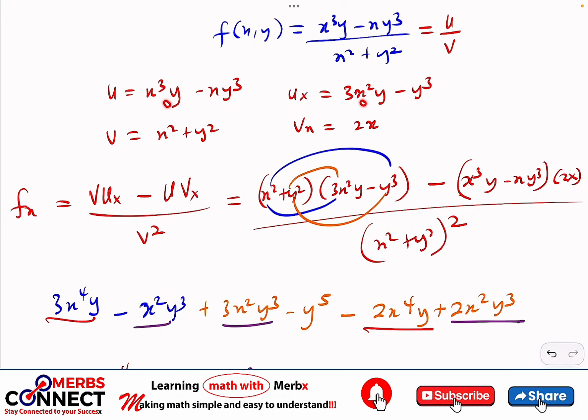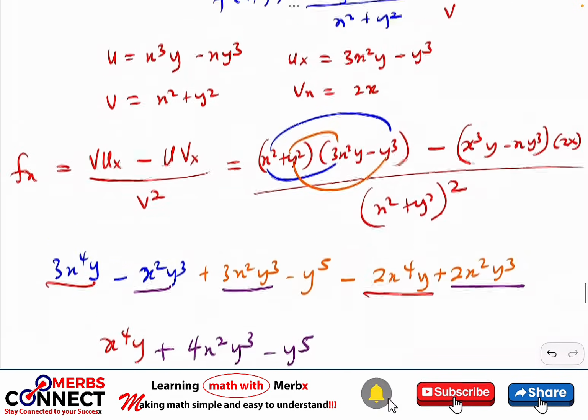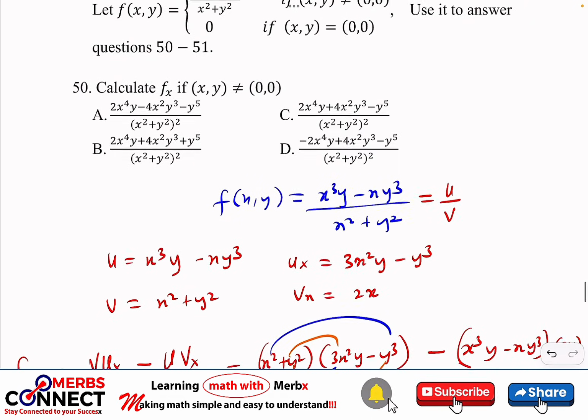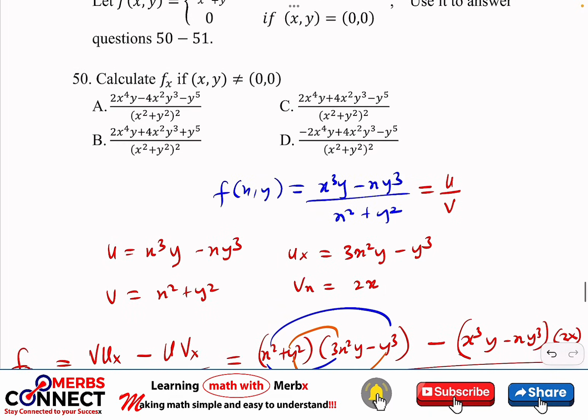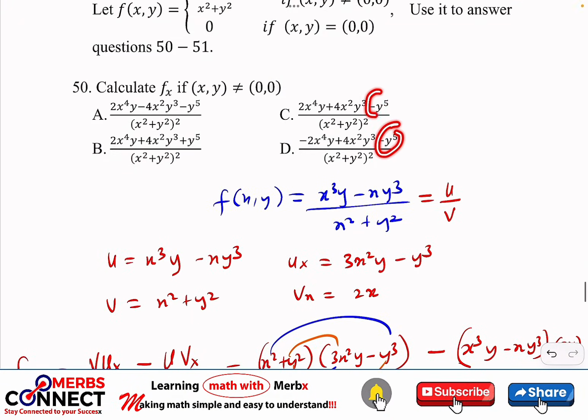This should be this, this should be that, and this should be this. Please let's expand again. When I differentiate x squared, okay, so we have this minus this one here.